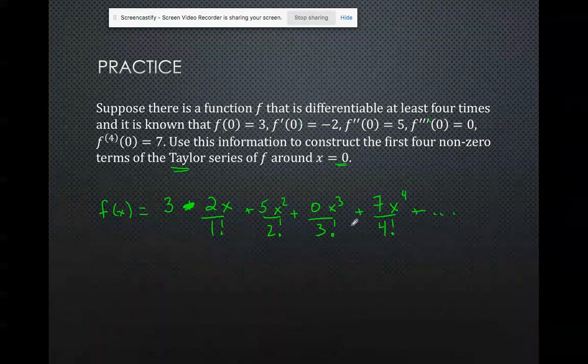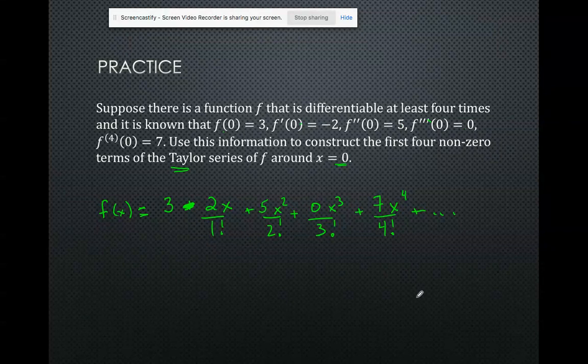Plus dot, dot, dot, because I wrote in equals. If you could just write approximate and stop, you wouldn't have to write dot, dot, dot. But the way this problem is presented, it could be either way.